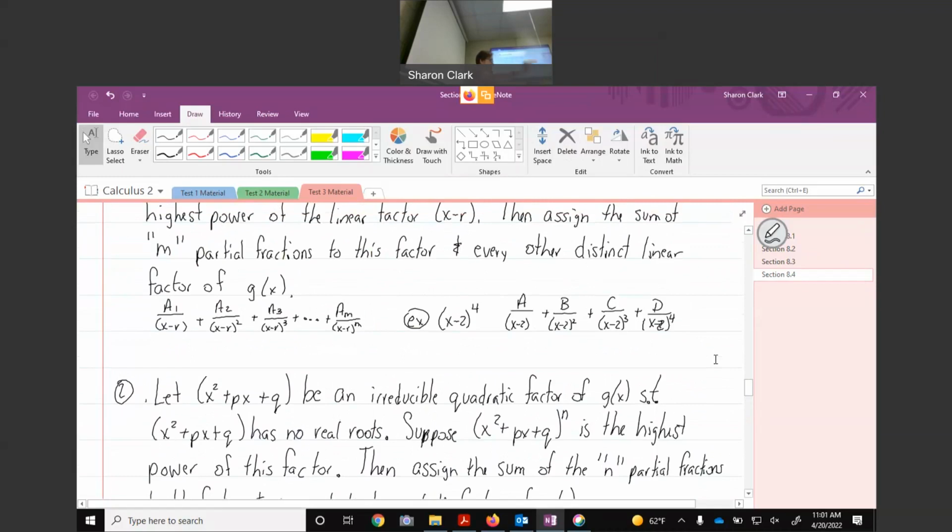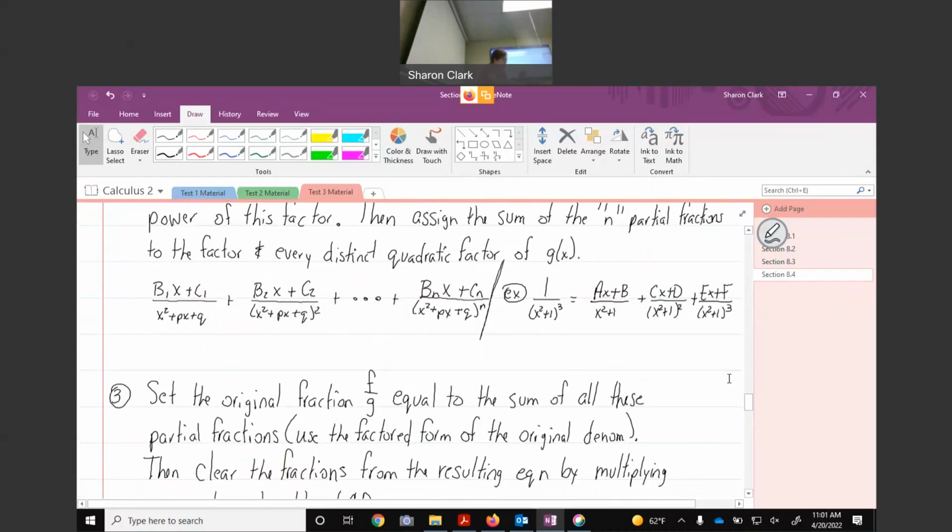These are linear factors, so above is constants. These are quadratic factors, so above is linear. Now, it may not be linear. One of the x terms may end up being 0, but there's a possibility that you have a linear over quadratic.